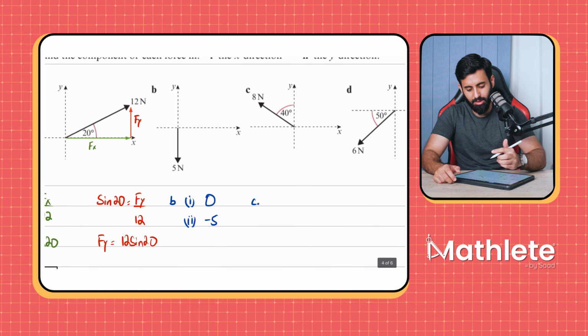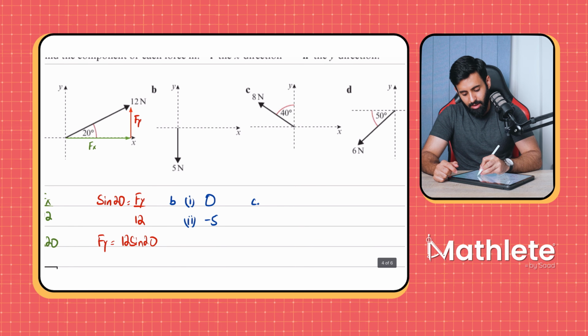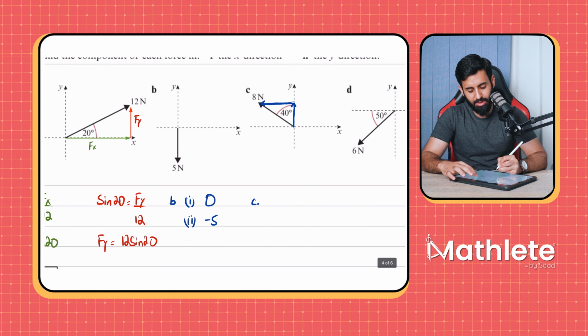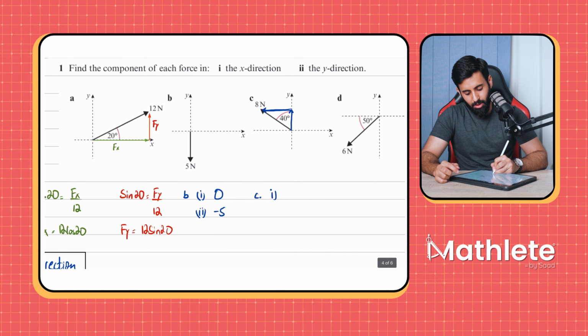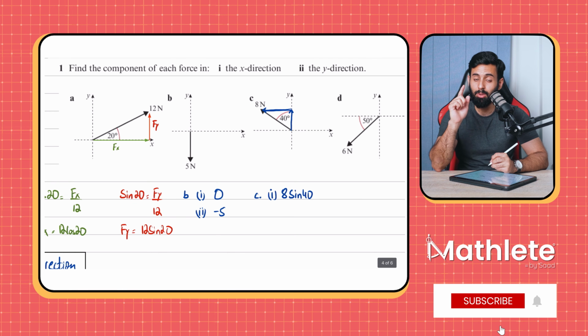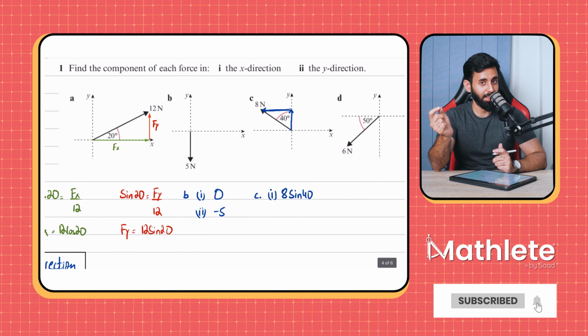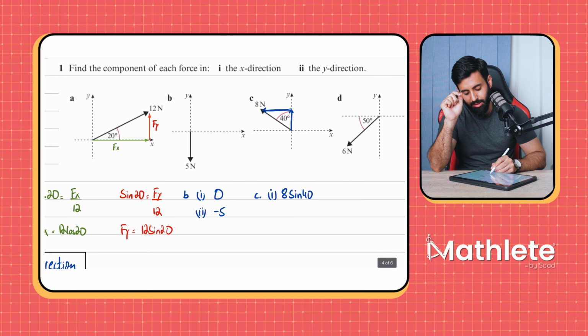Okay, now part C. So here is the component that is opposite the angle, and here is the component that is adjacent to the angle. So the one that's opposite in the x direction will be 8 sine 40. Now notice, even though it's horizontal, it has sine in it. However, this is wrong.